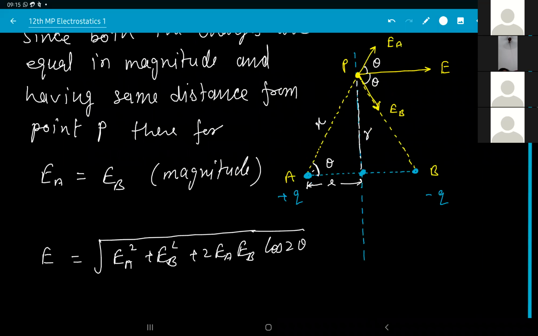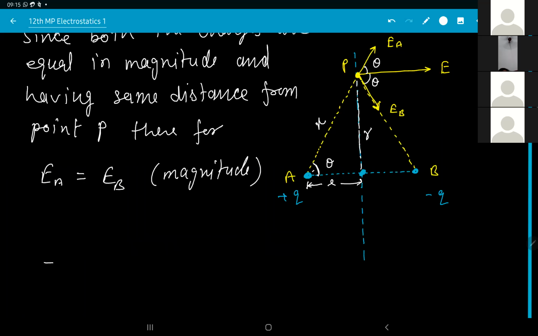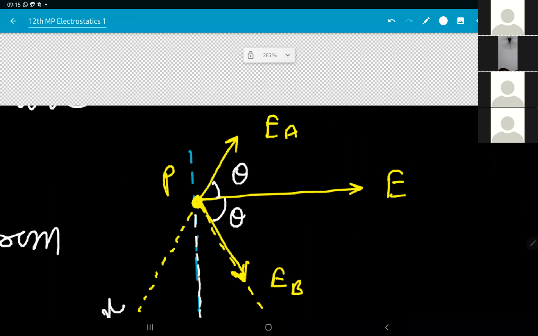And the second is, we can resolve EA and EB both. So I will suggest you the second method. Actually, it is prescribed in your books also. So at point P, look at this very carefully.